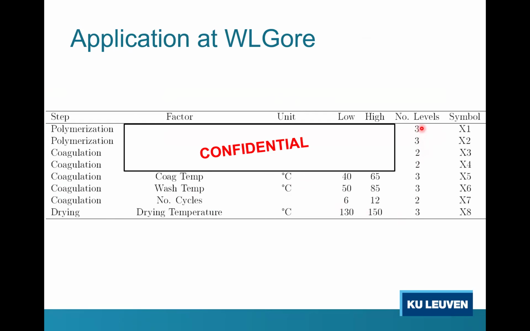What I wanted to highlight was that a specific desire at W.L. Gore was to study certain input factors at 3 levels and other input factors at 2 levels. That's because they had been doing several experiments in the past already, and they sort of knew that for some factors there would be a nonlinear effect, and for other factors there would be a linear effect.